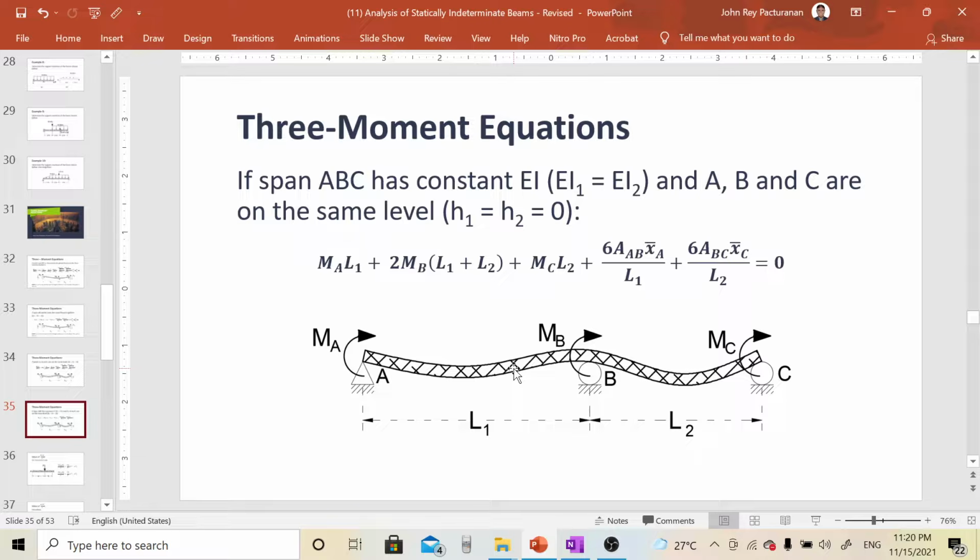The next part, as I said earlier, one of the major concerns in the three-moment equation is how we find the values of these constants. I will not torture you to memorize again the tables from Pytel and Singer in strength of materials. Instead, I will give you three formulas.